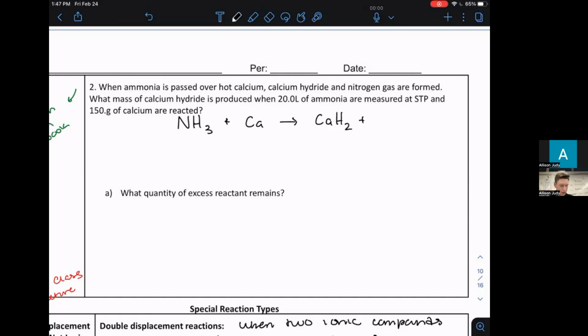And then our other product is nitrogen gas, which is a diatomic, so we're going to have N2. And then this is not balanced. You guys should be practicing how to balance, but I already have the coefficients written down in the notes. So it's going to be 2 moles of ammonia, 3 moles of calcium, and 3 moles of calcium hydride as our balanced chemical reaction.